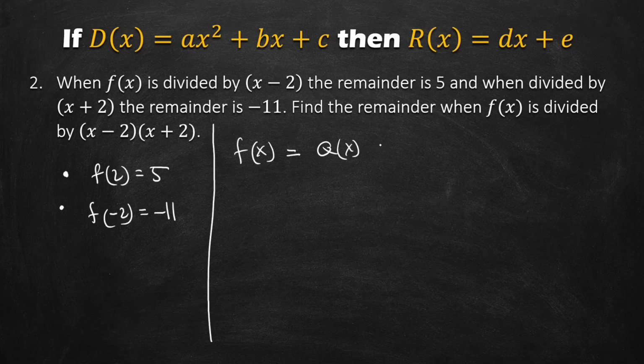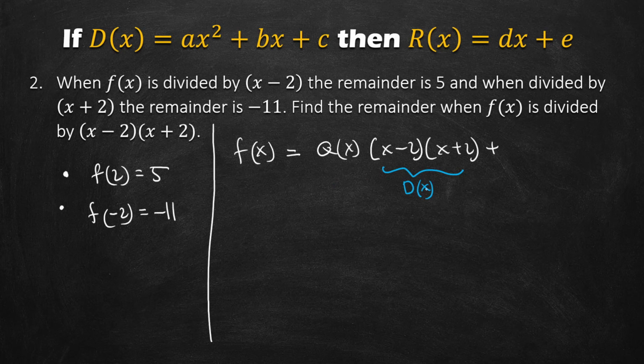Now the question is, what is the remainder of f(x) when divided by x - 2 times x + 2? I'll write it in RT form: (x - 2)(x + 2) plus the remainder. Before I write down the remainder, you can see that this is the d(x), not just x - 2 or x + 2, but both. What it means is that d(x) is a quadratic equation.